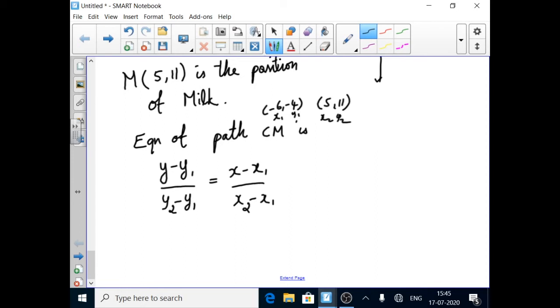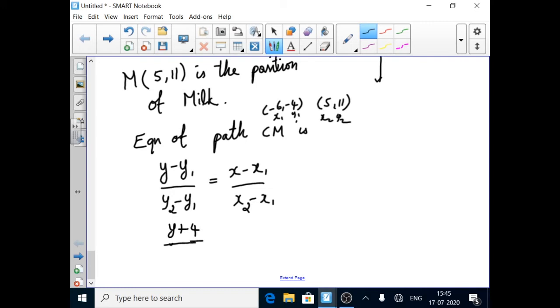So y minus y1, that is y minus of minus 4, so that becomes y plus 4.